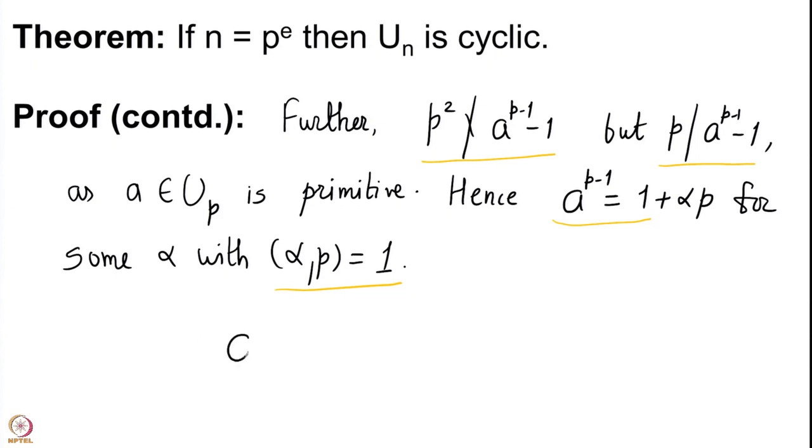So, using binomial expansion, we have that a raised to p minus 1 to the power p, which is nothing but a power p into p minus 1.